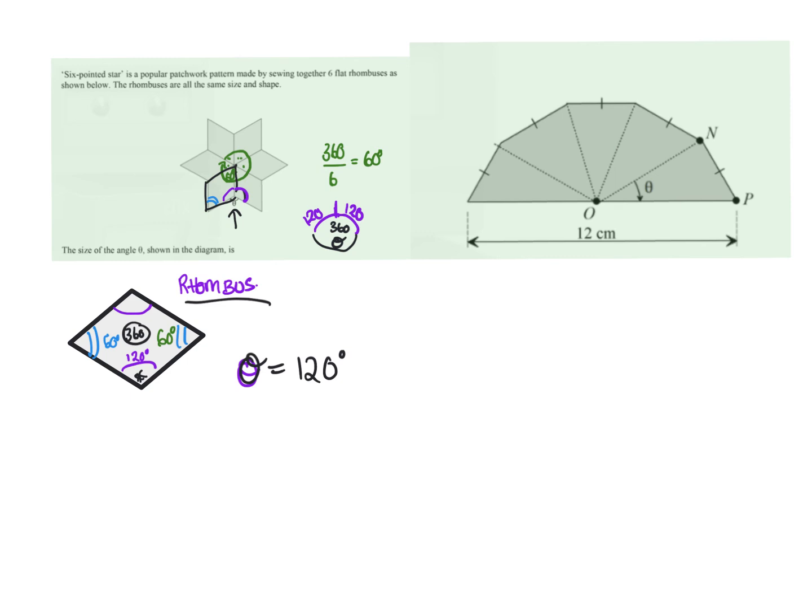Over on this other one, you need to see this as a straight line, which adds up to 180 degrees. And because these shapes are all equal, this angle would all be the same. So if I do 180 divided by 5, we get 36 degrees. Okay, so then I know that that angle equals 36.